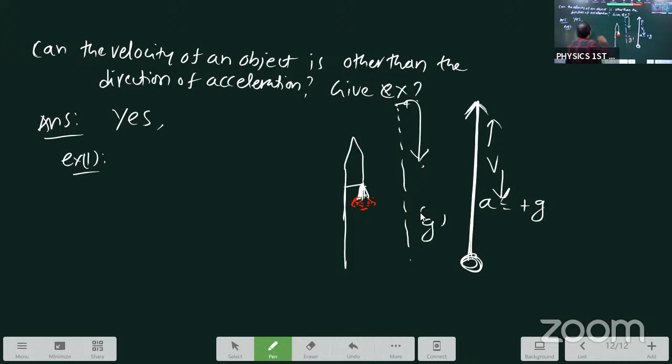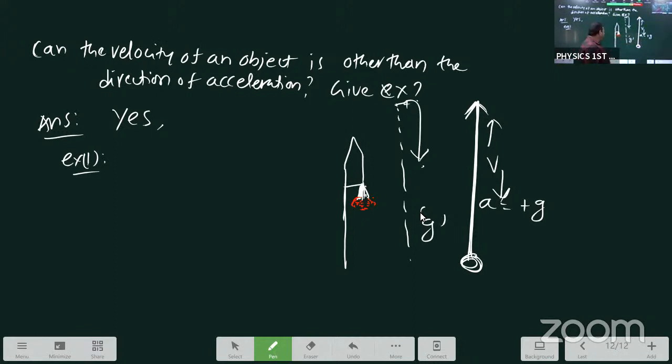Same example: the velocity of the object is other than the direction of acceleration. In the case of a vertically projected body, the velocity of the body acts in the upward direction, and acceleration due to gravity acts downwards. Both are quite opposite.